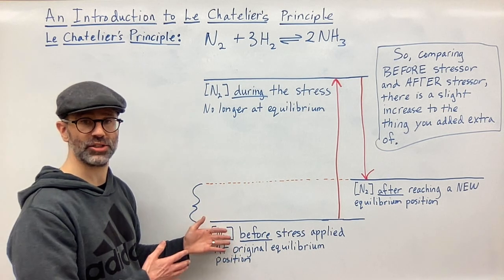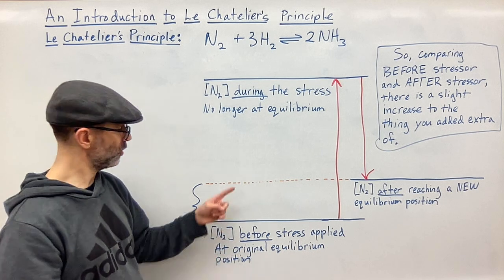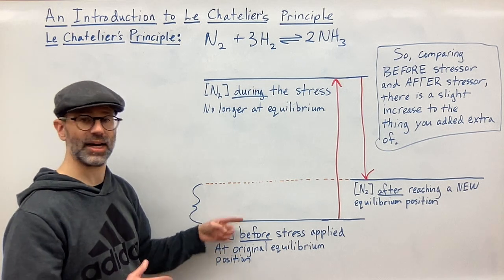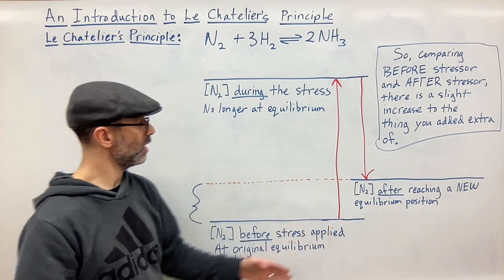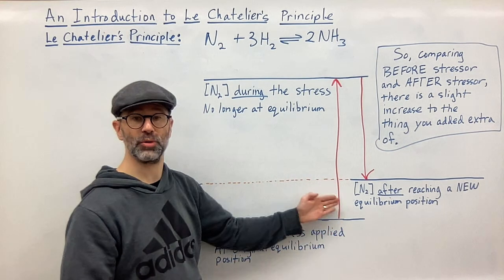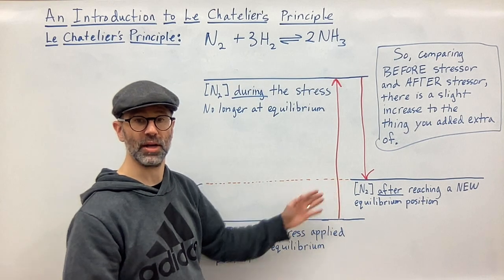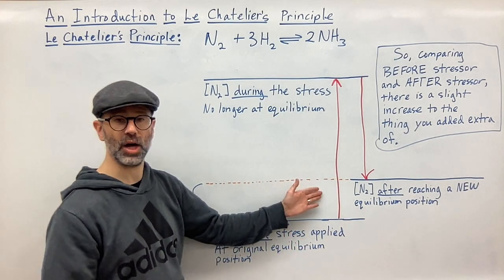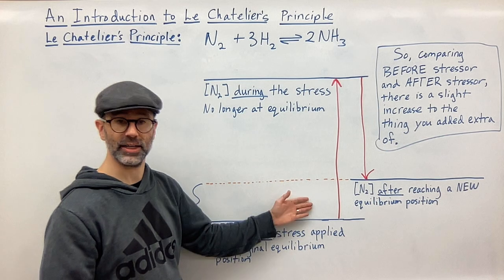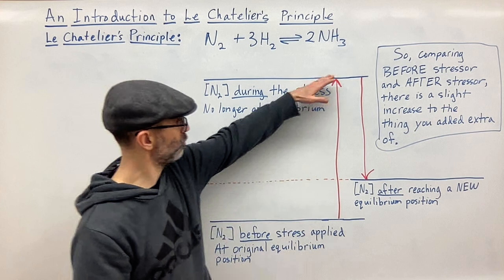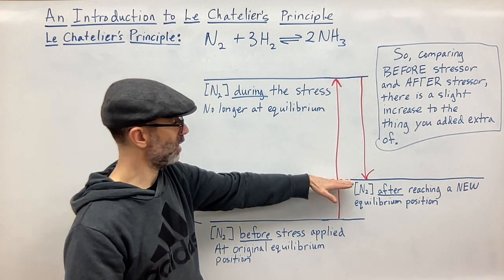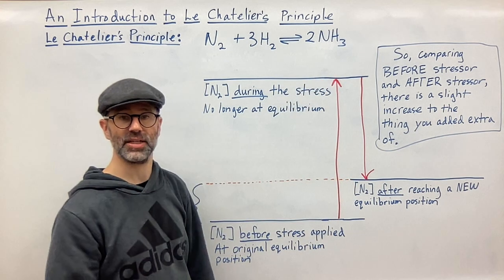Before the stressor and after the stressor, there's going to be a slight difference. We're not going to reach all the way back to the original point because equilibrium will be reached again before that point. So you're not going to be able to undo the full stress, the full amount that I added, but you'll be able to reduce it enough to get back to equilibrium.